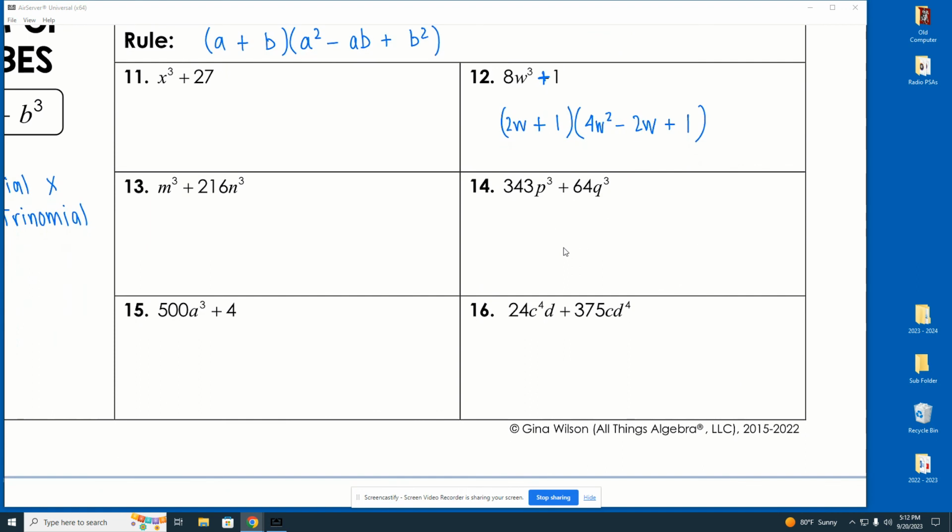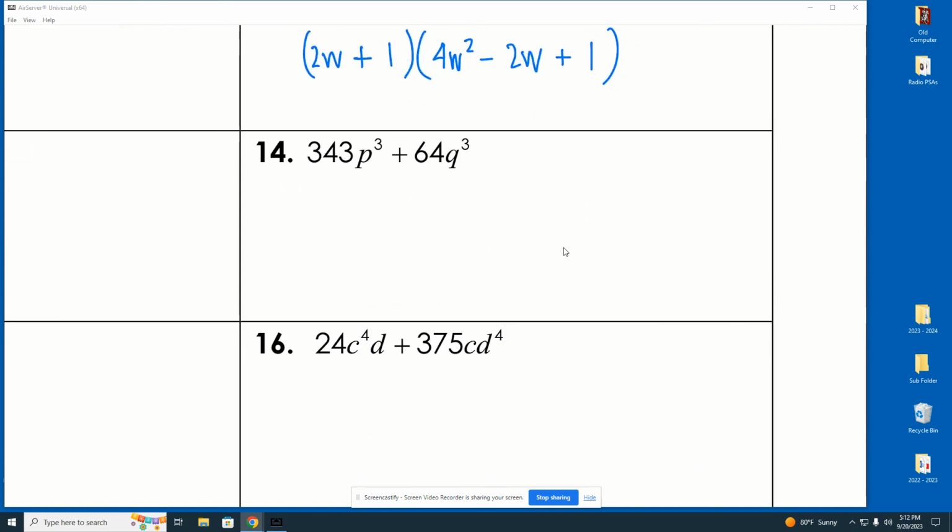Now, again, please don't forget, like on a problem like number 14, don't forget to check to see if they have a GCF. 343 and 64 actually don't. And I want you to notice, see how this P is cubed and this Q is cubed? Those are multiples of 3. It has to be sum of cubes.